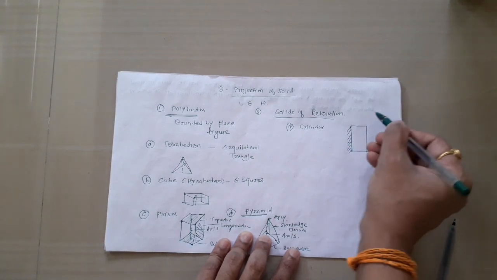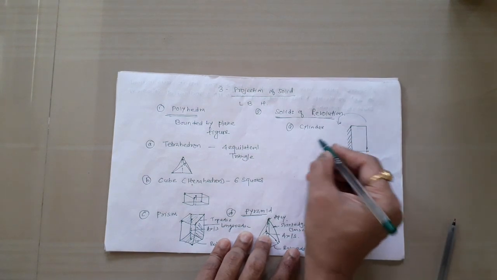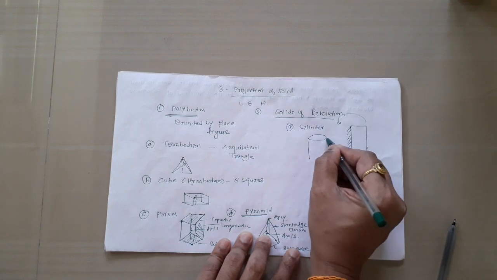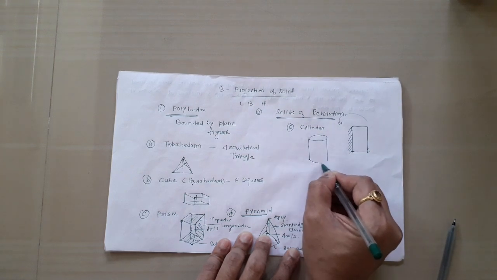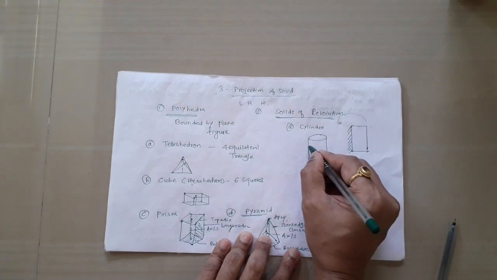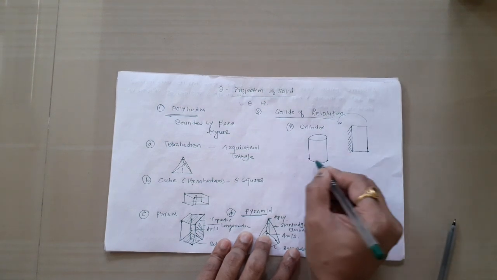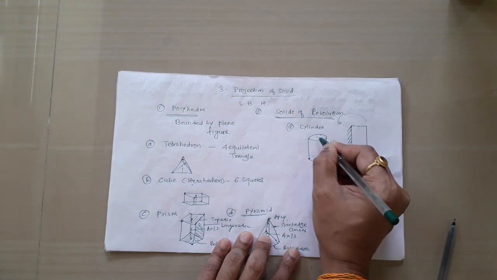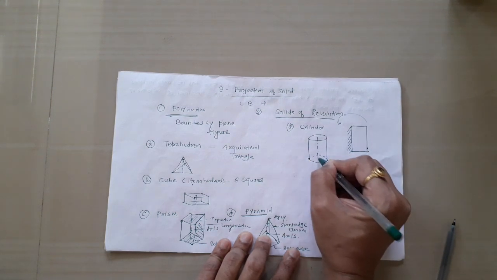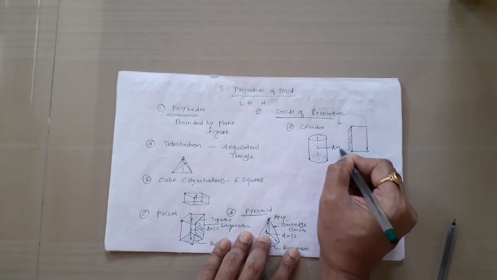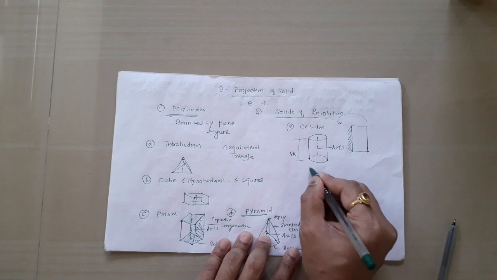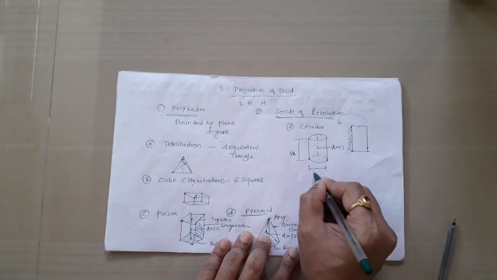If you fix this side and rotate this, you will get a solid which is known as cylinder. Then this is the curved surface, this is a top surface, this is a bottom surface. The imaginary line joining the center of the top circle and bottom circle is known as axis, and this is the height of the cylinder. This is the diameter of that circle.